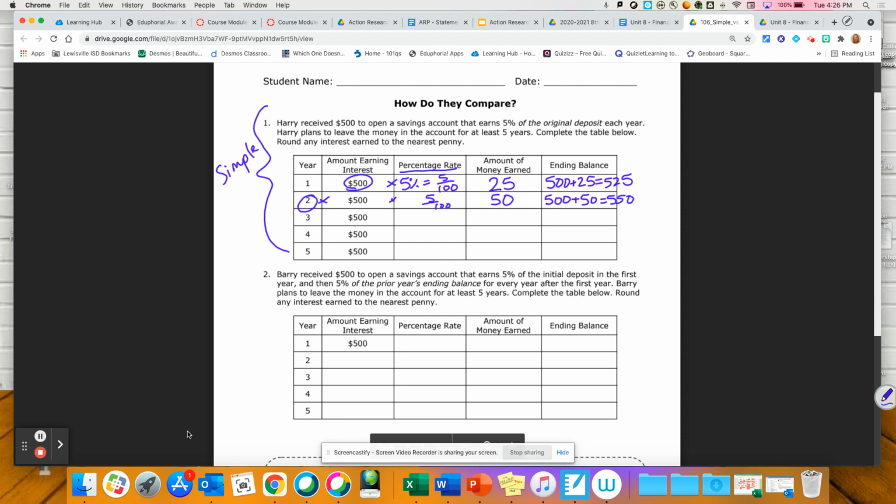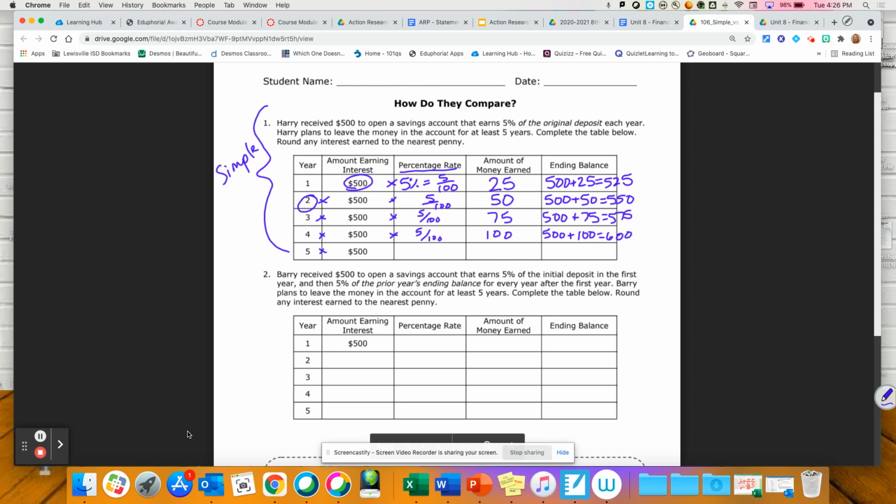Go ahead and fill in the rest of your table. 3 times 500 times 5% is 75, which gives us 500 plus 75, which is 575. 4 times 500 times 5% is 100, which gives us now $600 in our account.